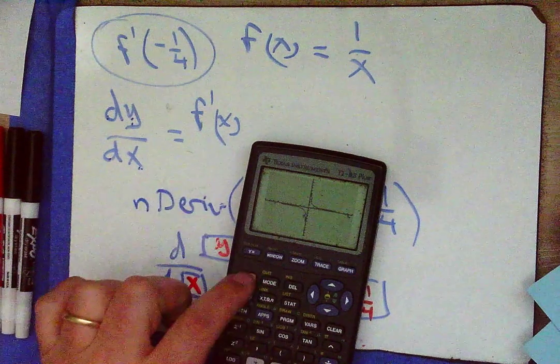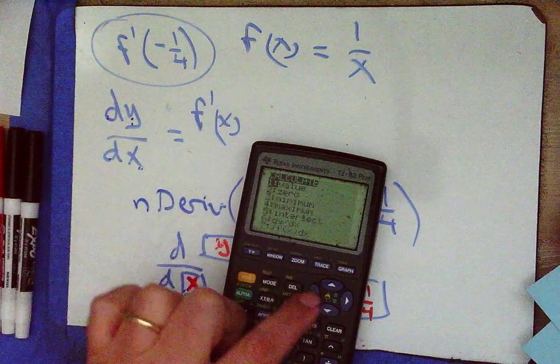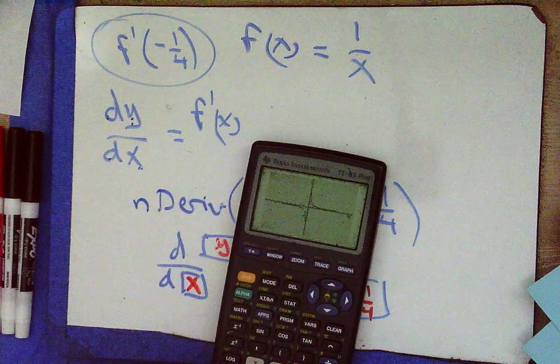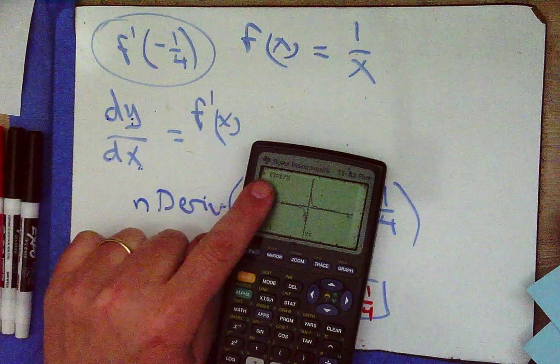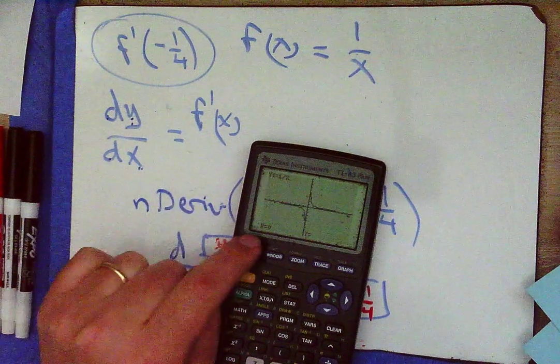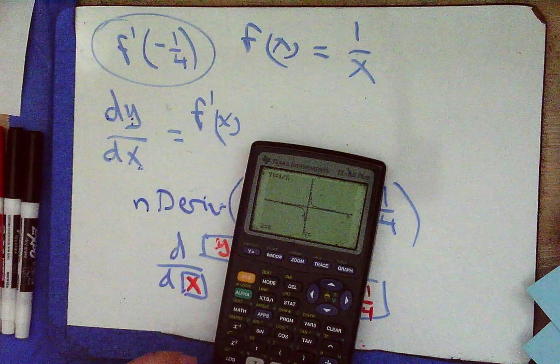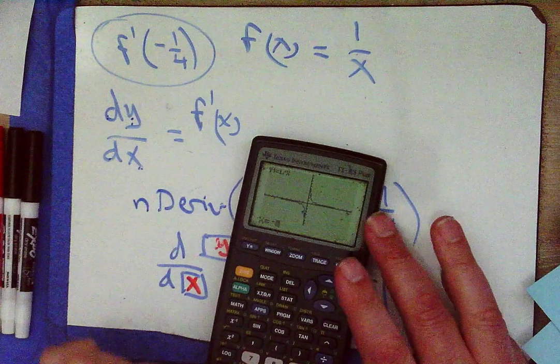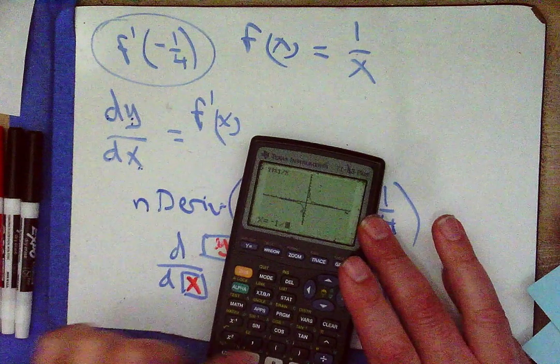Now, go over to second calculate and scroll down to dy/dx. Now, it's saying that's your function, and I need to type in where I want to know the derivative. So I type in negative 1/4.